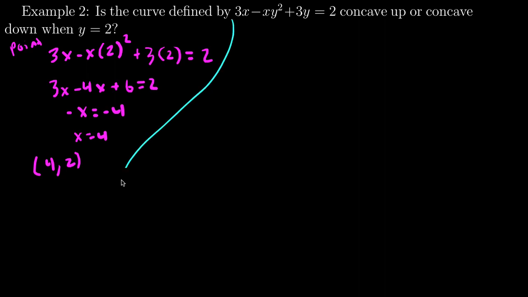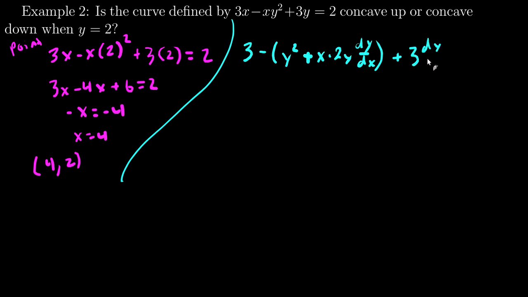Now I need to get to, for concavity, the second derivative. So I'll start the same way as before, taking the first derivative. And the first derivative will be 3 minus, I'll do product rule here and get y squared times 1 plus x times 2y dy/dx, plus 3 dy/dx equals 0. I'll send through the negative.